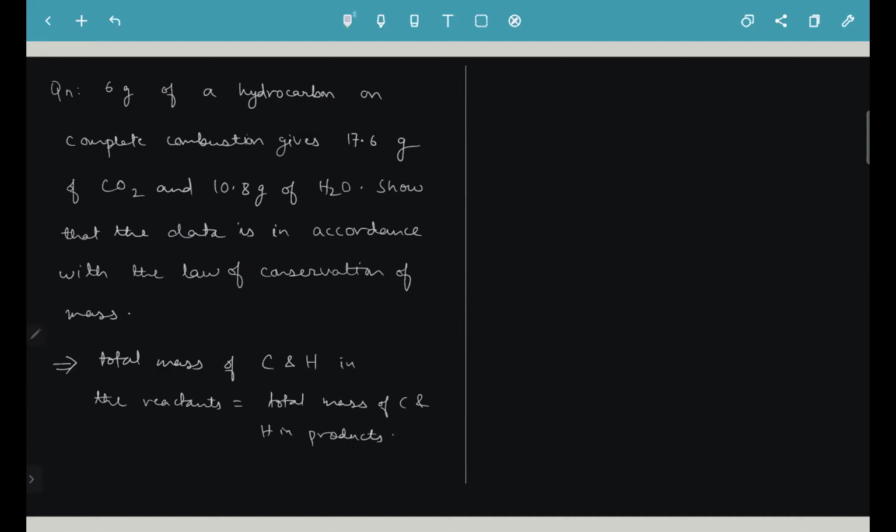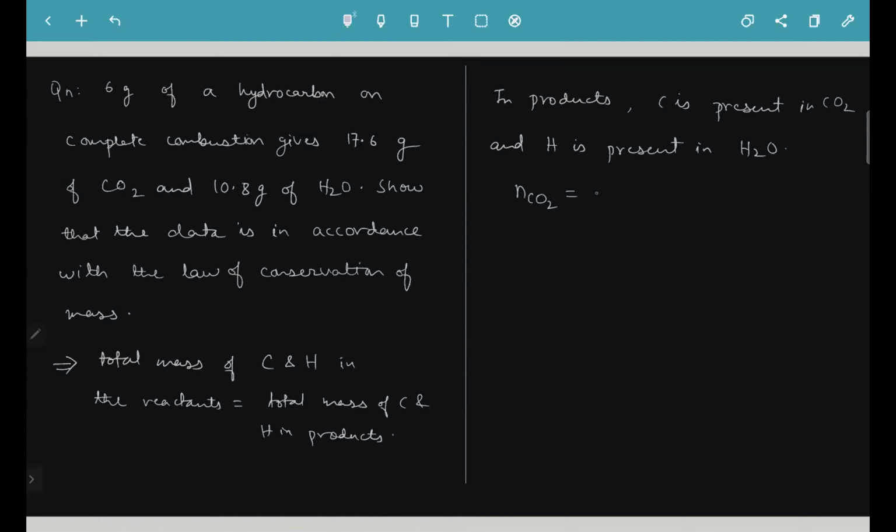Okay. So in the products, carbon is present in CO2 and hydrogen is present in H2O. Let us find out the moles of CO2 first.